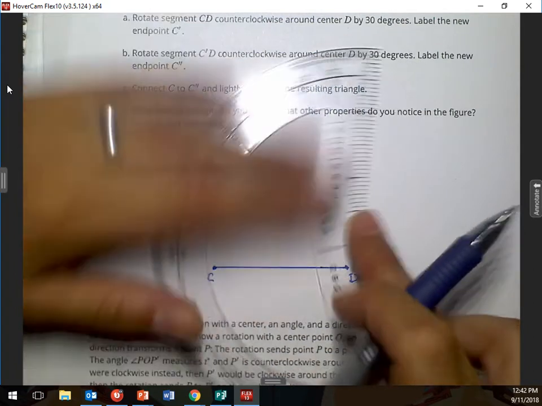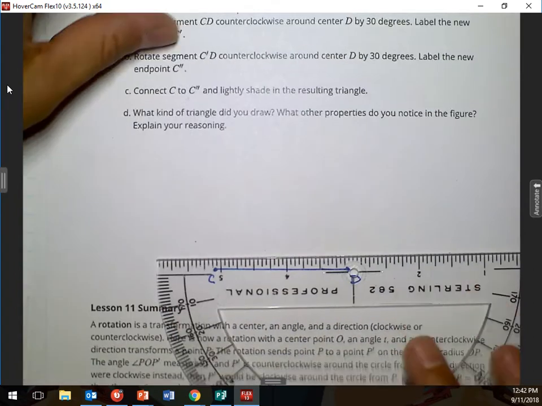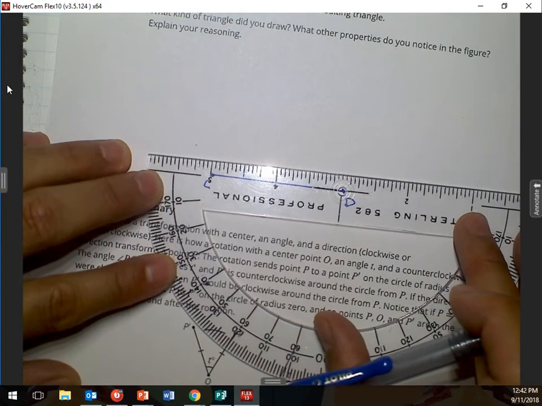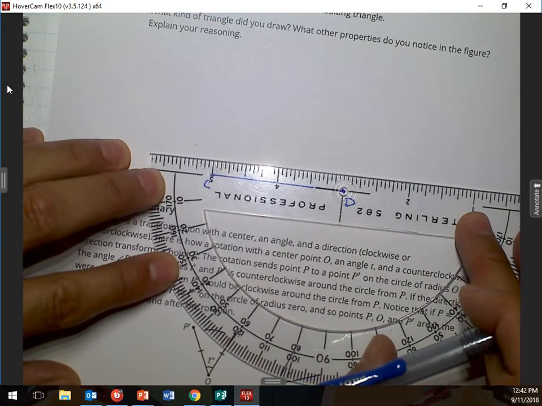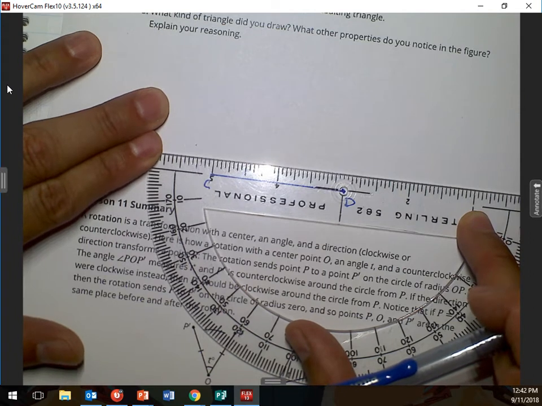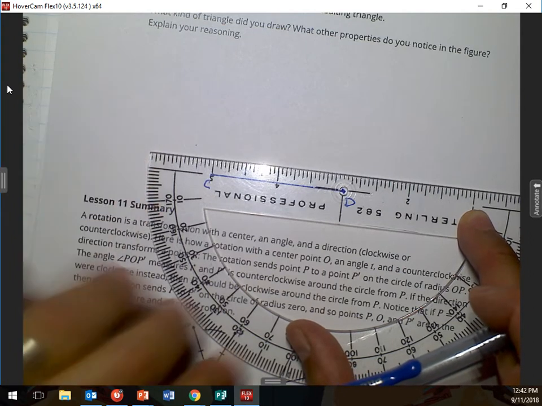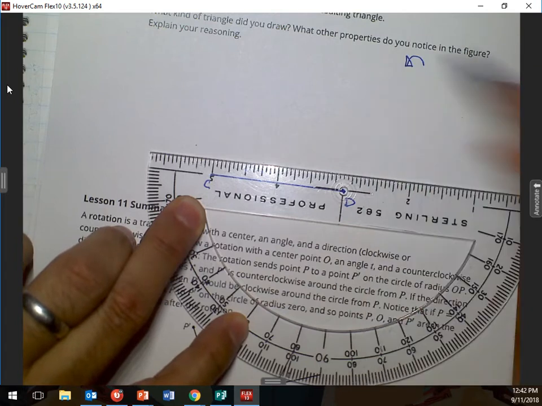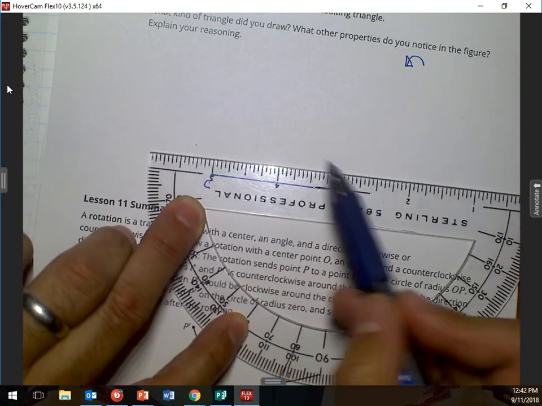Okay, there's a couple ways of doing this, and I'm going to start by flipping this over like this. There we go. So now I have it lined up here, don't I? I have it lined up, and since I'm going counterclockwise, isn't counterclockwise going to be like this? Okay, so now I'm going to rotate this way.